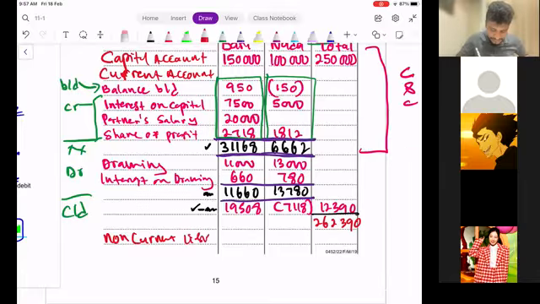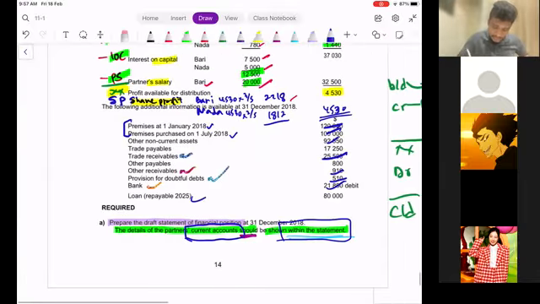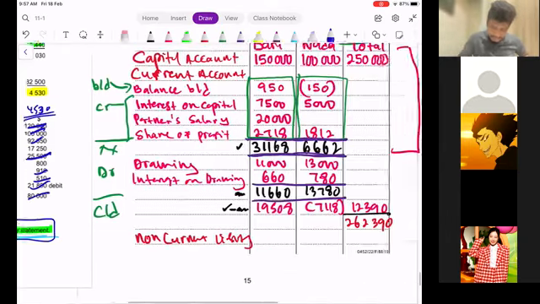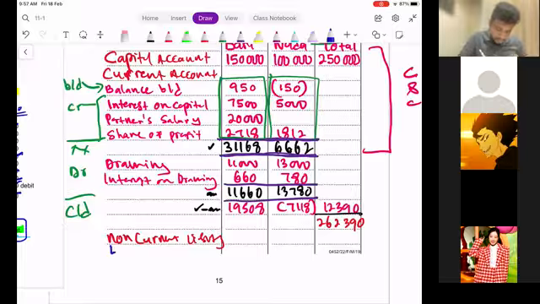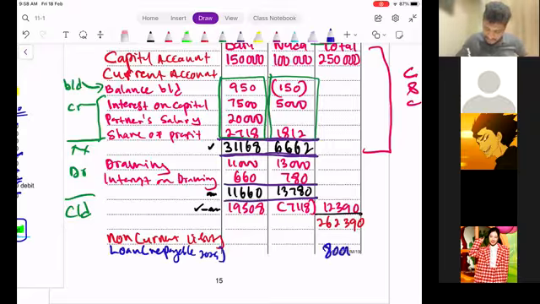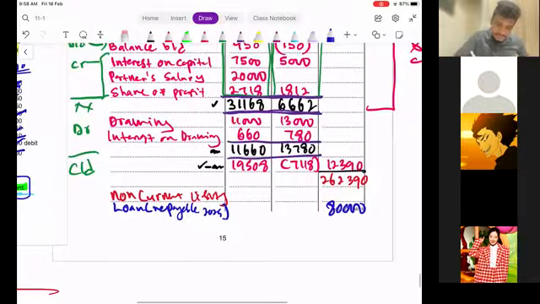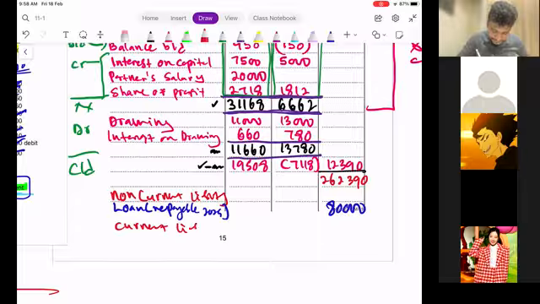What are the non-current liabilities that you can see in this question? The loan that you pay after how many years? So many years, 80,000. So right here, loan repayable 2025, 80,000. And last one we have current liability. What are the current liabilities in this question?